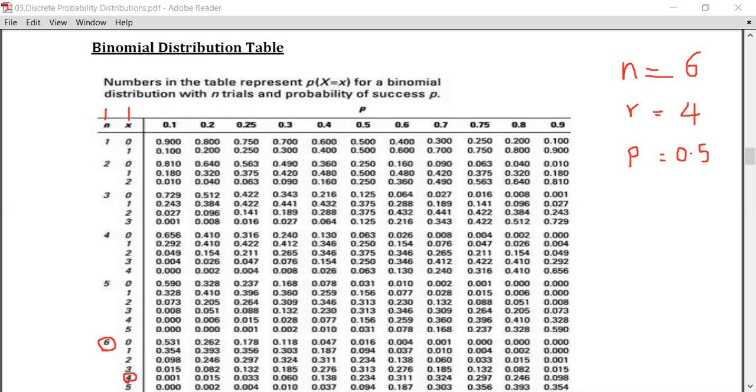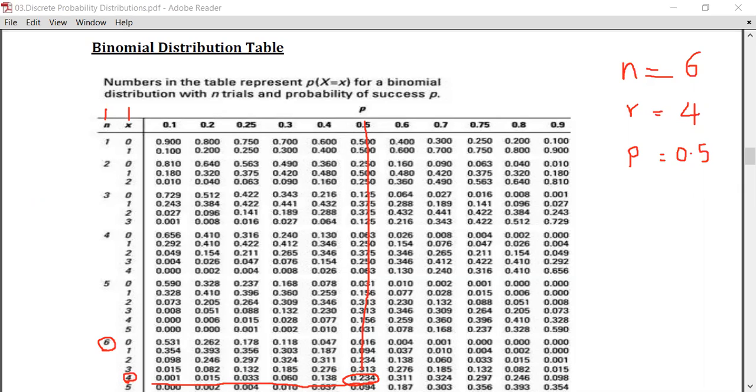Therefore, you go along this row until you reach p equals 0.5. Here you can see the given probability value is 0.234.